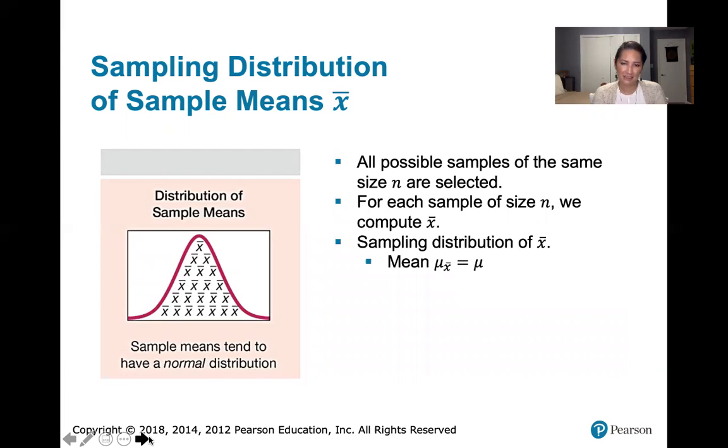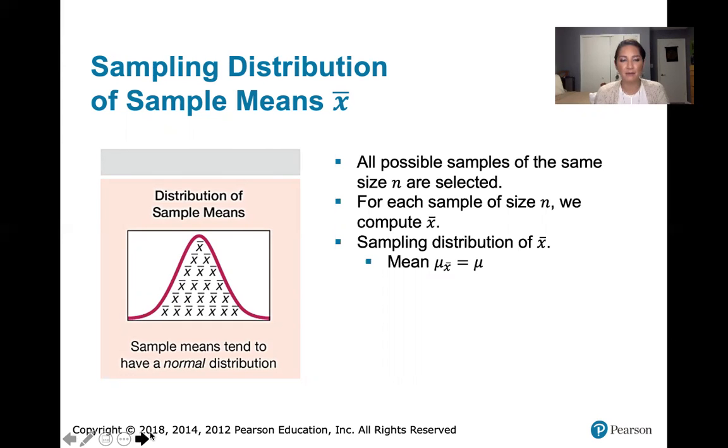That's a very good thing, because x bar is intended to estimate the population mean. One property of the sampling distribution of x bar is that the expected value of the sample mean is the exact population mean. So we say that x bar targets that population mean.